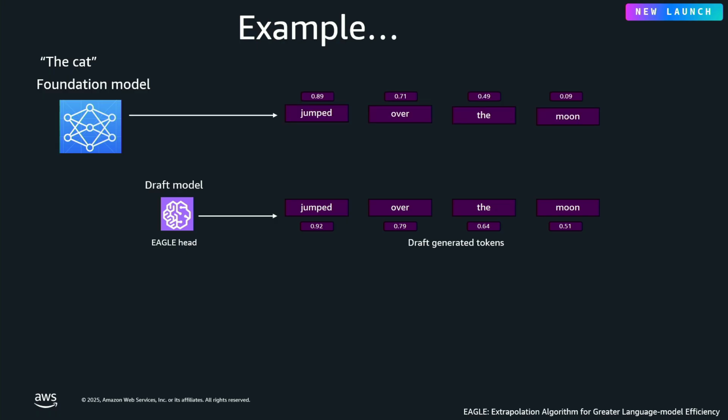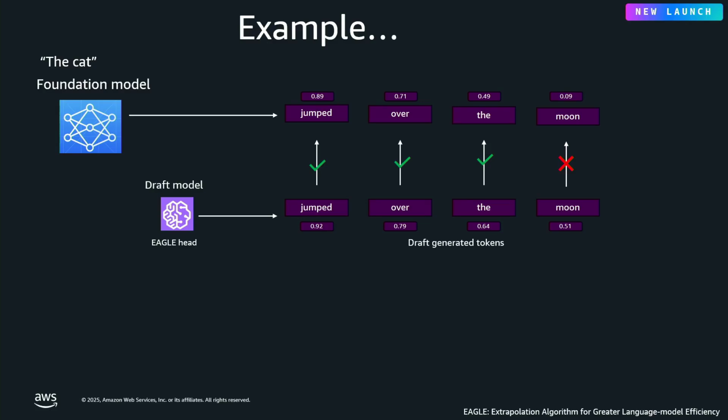The foundation model then looks at every token together and sees what is the probability that it would have generated. If its probability is within the range of the draft model's probability, it's going to accept these, and it's going to reject the one that isn't. So with this, your inference speed has increased.